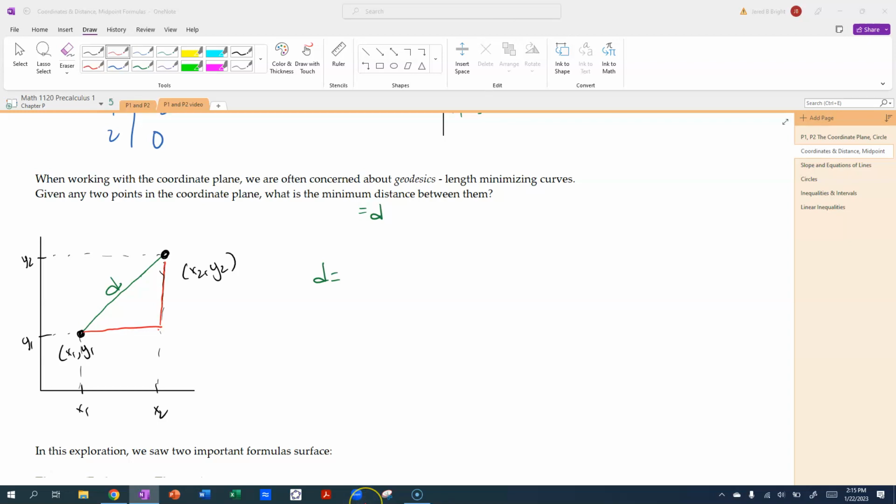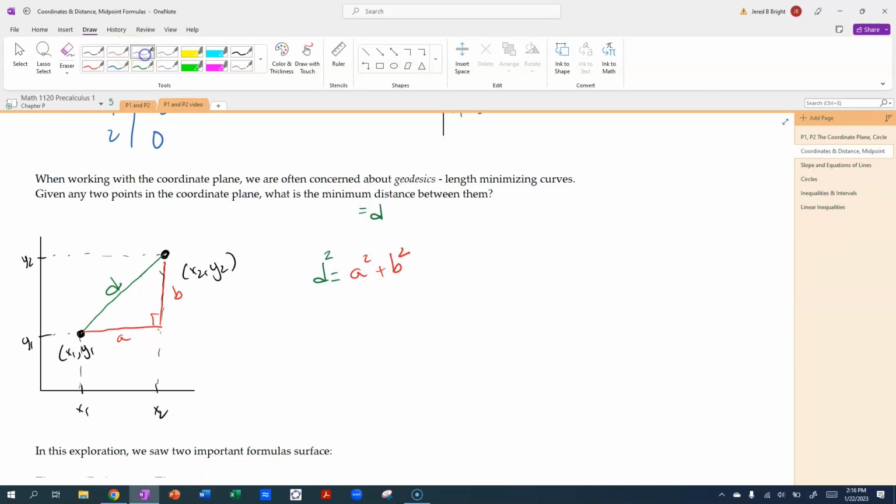How much do I go over? Well, let's say this is A and this is B. Okay, so I can get D by actually using the Pythagorean theorem, because this is a right triangle. Okay, those are perpendicular. So in a right triangle, D squared would equal A squared plus B squared.